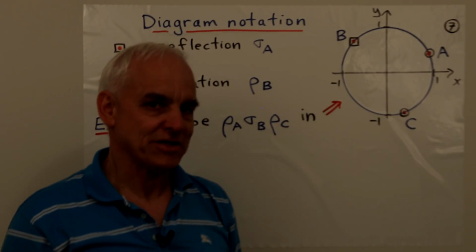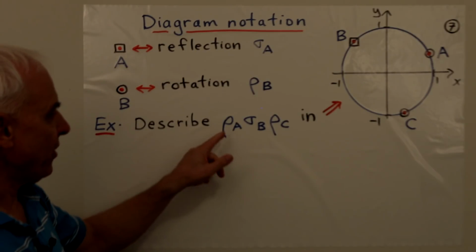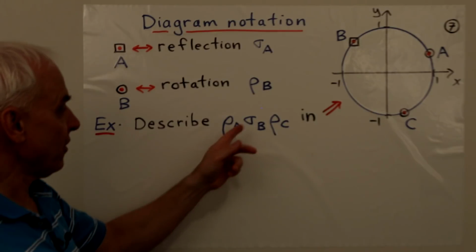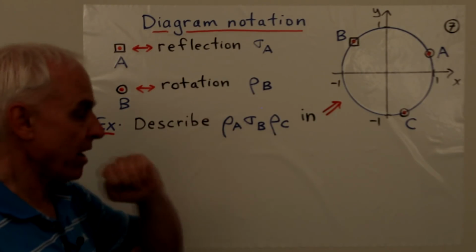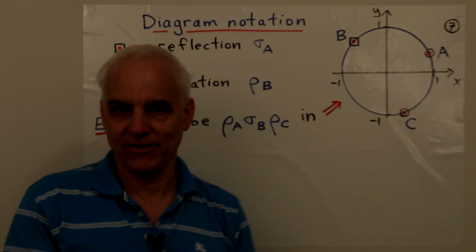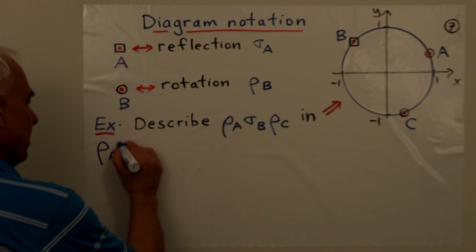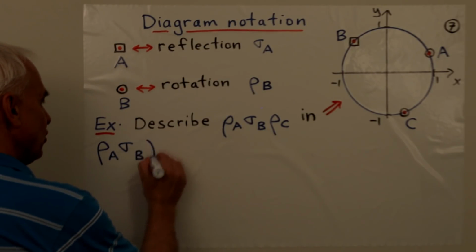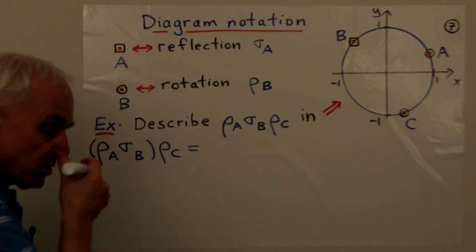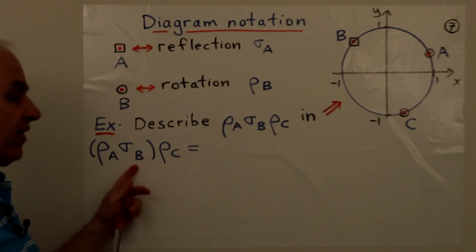All right, so now we can try some computations using a diagram like this. Let's try to describe this composite isometry: rho sub A followed by sigma sub B followed by rho sub C. Let's do it algebraically and geometrically at the same time. So rho sub A, sigma sub B, let's do those first, and then followed by rho sub C. We're going to use our formula for rho followed by a sigma.